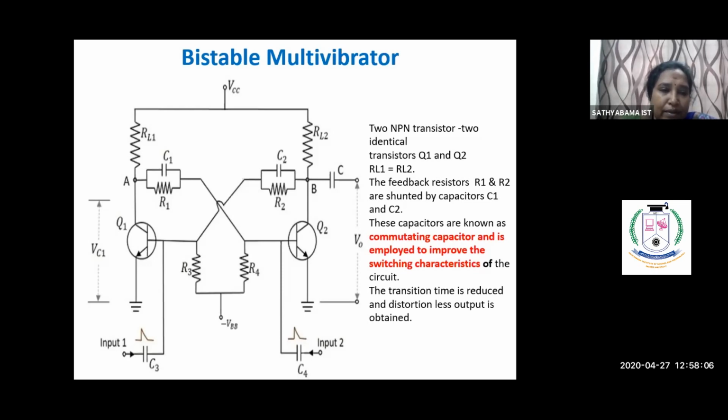So look at the coupling path: Q1 output A through R1 is given to the input of Q2, and Q2 output is given to the input of Q1 through the R2 resistance.